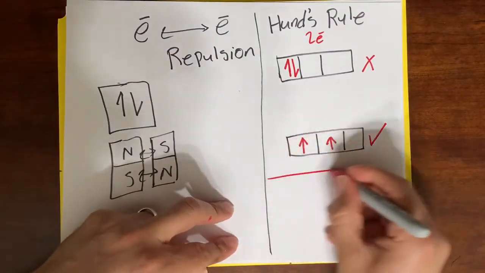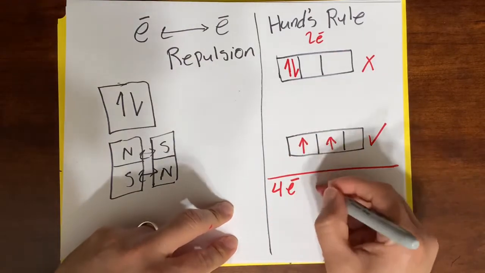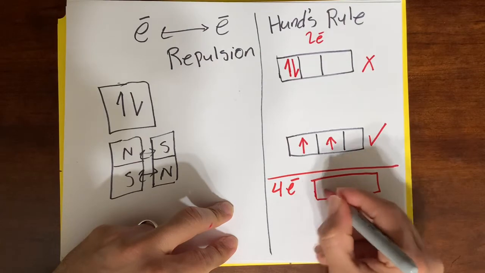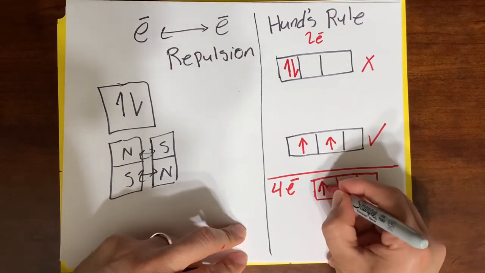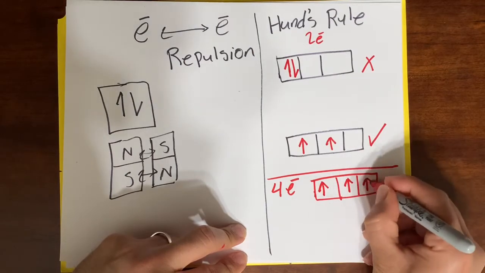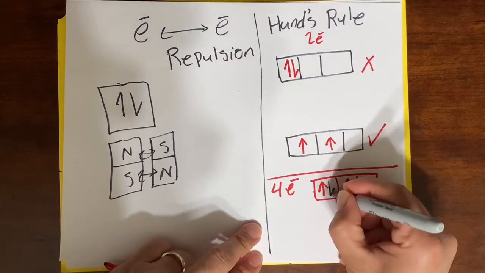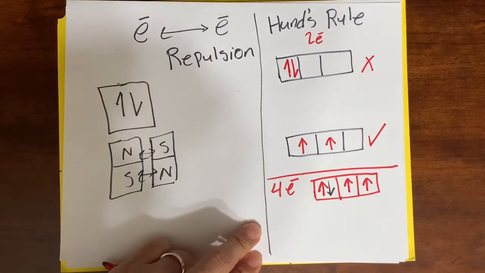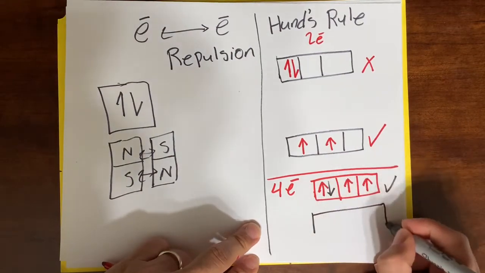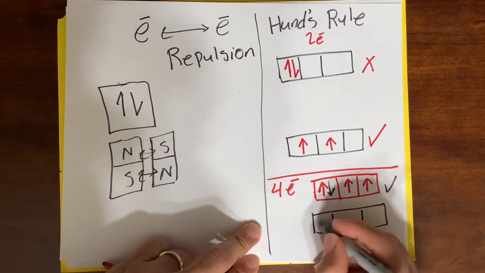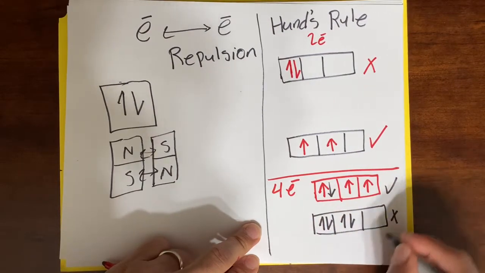So for example, if I have 4 electrons, what's the solution? I go 1 in each orbital. Now for the 4th one, I don't have an option, so I will put it there. So this one will be correct. But if you draw it that way, this is going to be wrong.